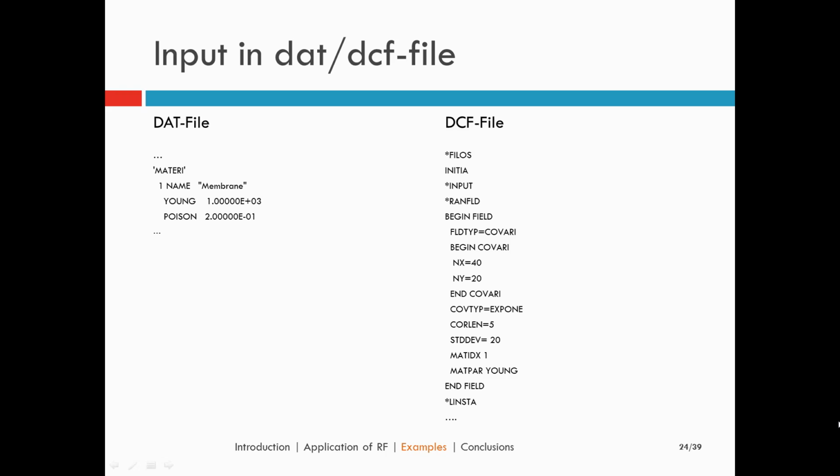Below you can also select to which material number you want to couple this random field, and which material parameter, and in this case it is coupled to the Young's modulus. And then you can select whatever analysis you like.